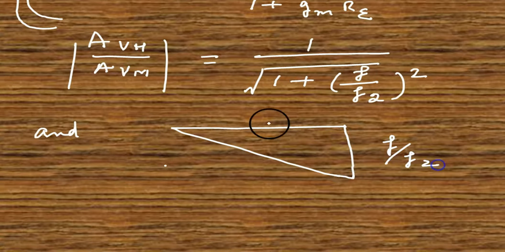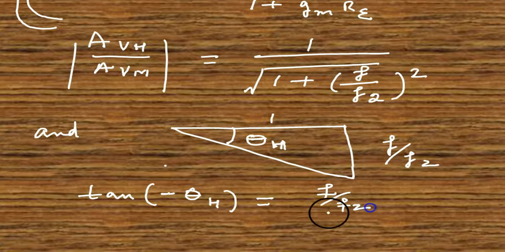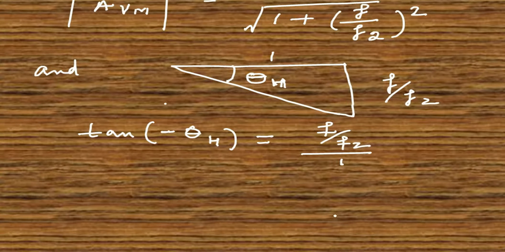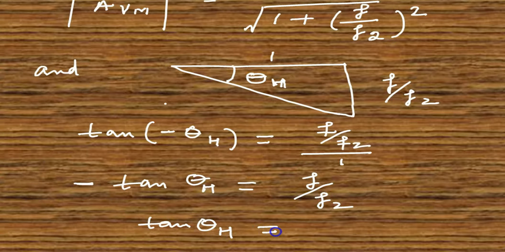Now if we consider the perpendicular f upon f2, base 1 and angle theta h, then tangent of minus theta h is minus tan theta h.